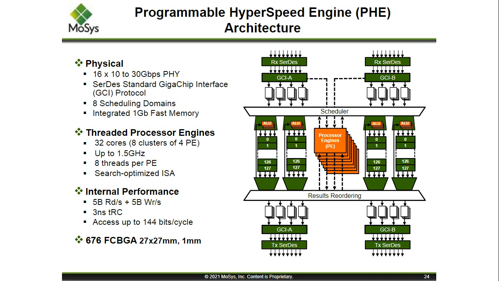But it also allows the processing engines, which have their own instruction memory and localized SRAM, to access the entire 1 gigabit of memory available in here. We wanted to make sure that the bandwidth in and out wouldn't interrupt the requests coming in over the GCI ports. So this is the next gen thing, where you can define your own in-memory function and extra functionality that you might want in your system.